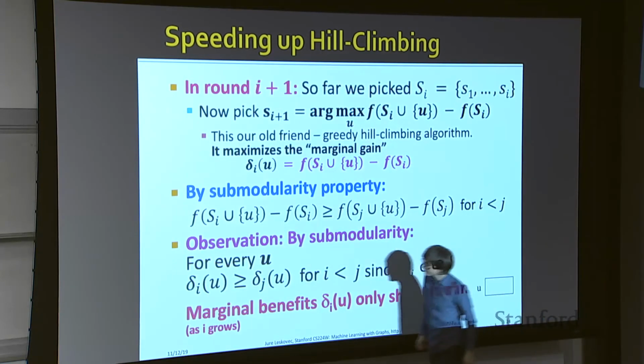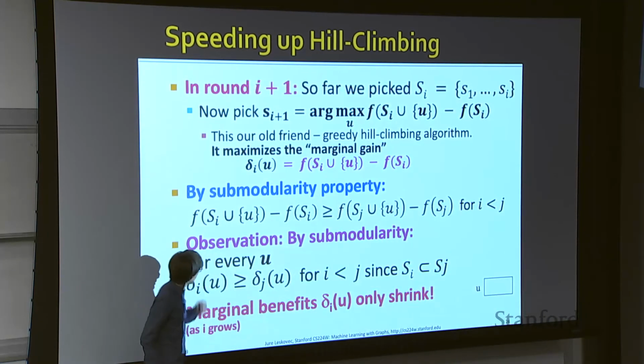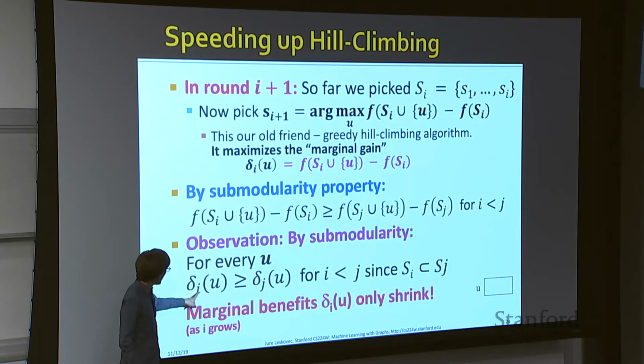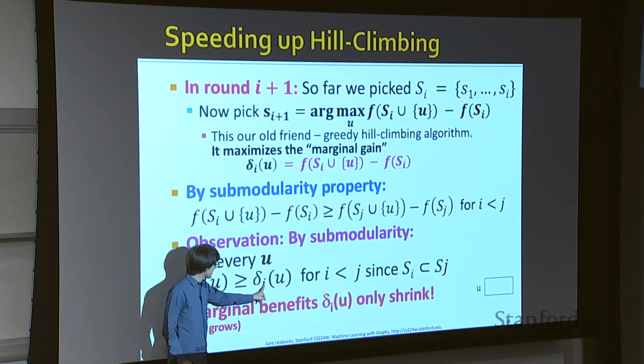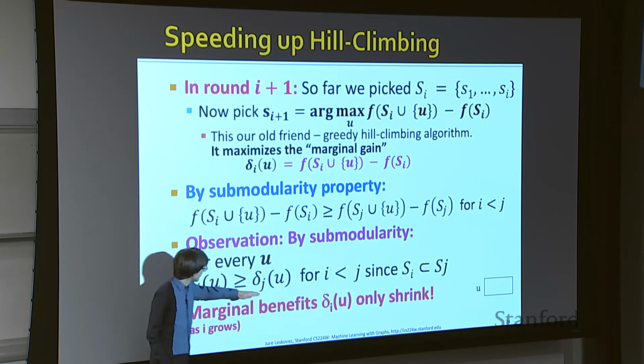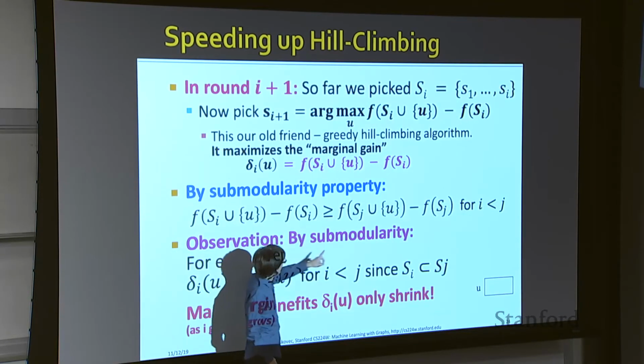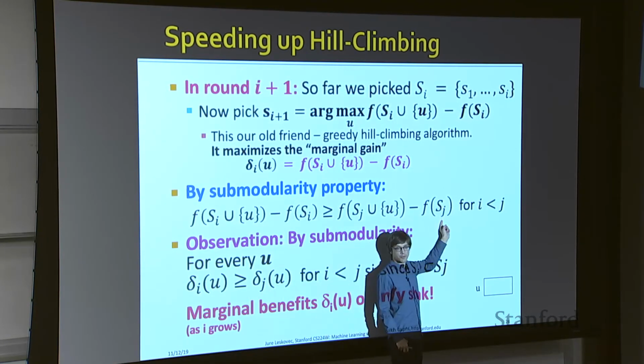So here is now the observation. The observation is that for every node u, delta sub i of u is greater than delta sub j of u. What does this mean? This is delta sub i of u, and this is delta sub j of u.